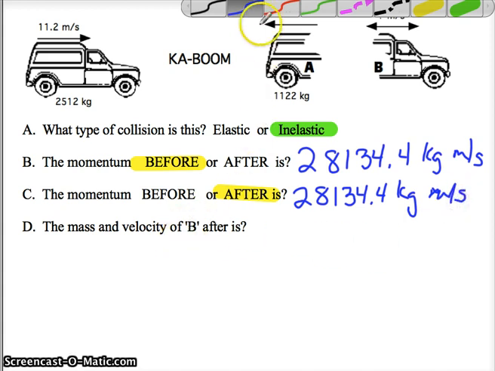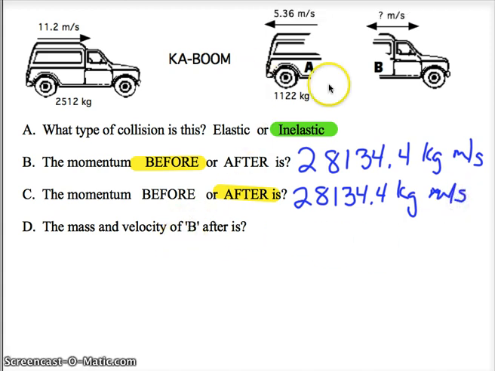So if that is before and after, notice that we have part A of the car, the back of the car. We can actually find its momentum because we have its mass and its velocity. So let's do that.